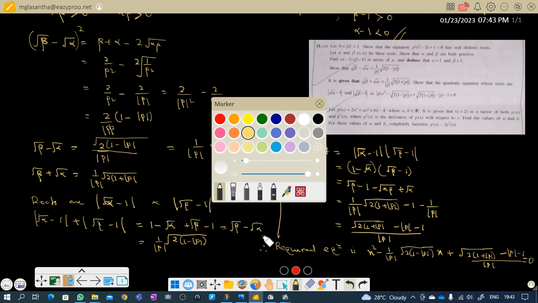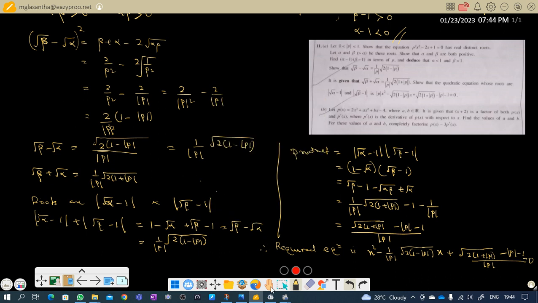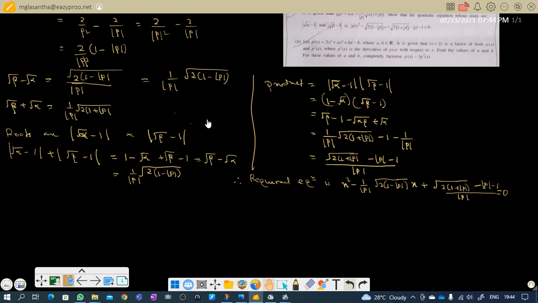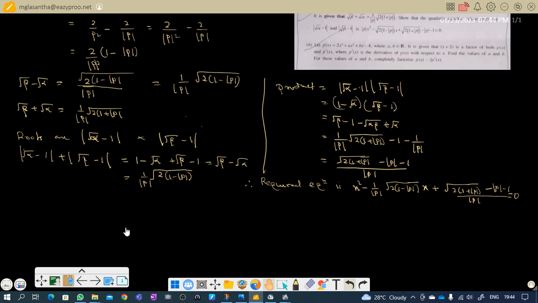Therefore, the equation, multiplying by mod p, is mod p x squared minus square root of 2 into 1 minus mod p times x plus square root of 2 into 1 plus mod p minus mod p minus 1 equals 0.